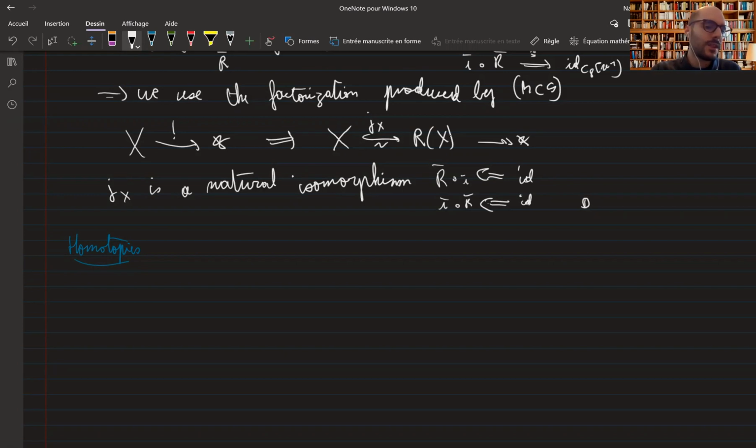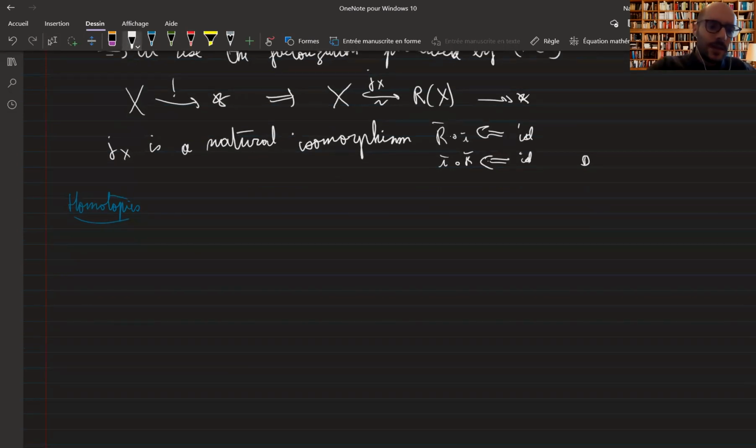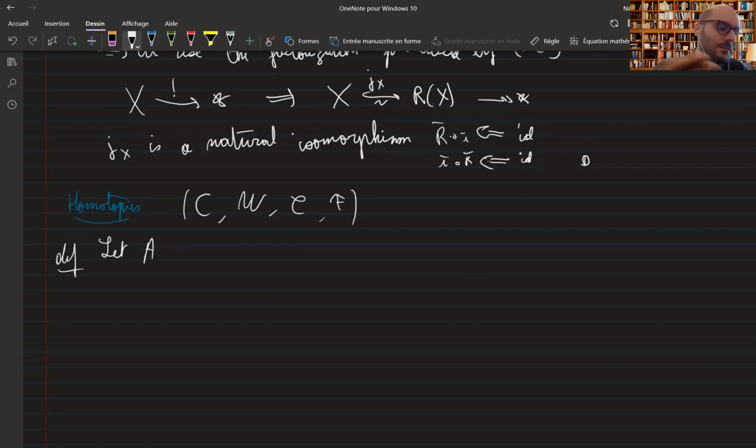In topological spaces it doesn't really matter, because essentially we always use what we are going to call left homotopies, but there are also right homotopies. And depending on what you want to do, it may be better to use one or the other. In the whole thing, I'm going to fix a model category.